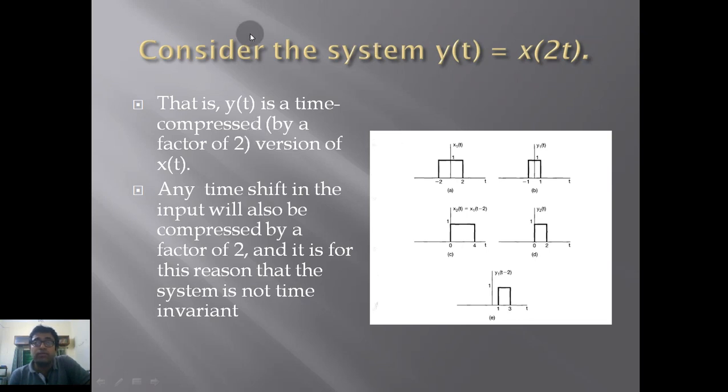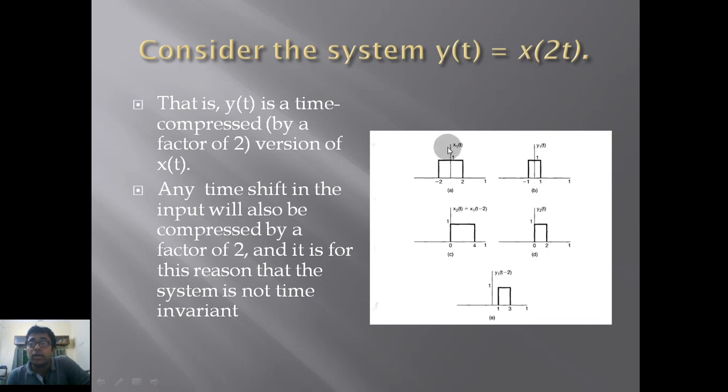Now consider the system y(t) is equal to x(2t). How does it work? If you take a closer look, this is the input signal and this is the output signal. The output signal y(t) is equal to x(2t).